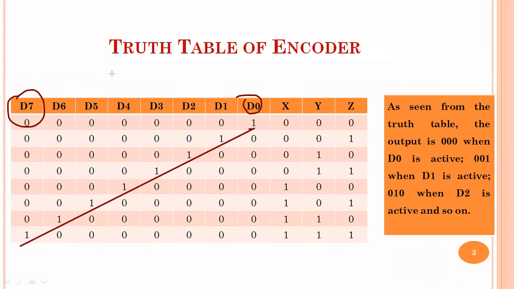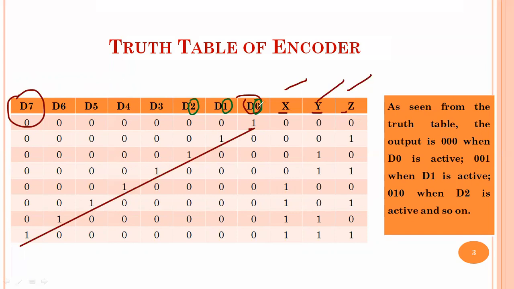And second, to represent x, y, and z, just write down x, y, and z first, and then convert the digit that is associated with the D, which is 0, 1, 2, up to 7, into the 3 bit form.